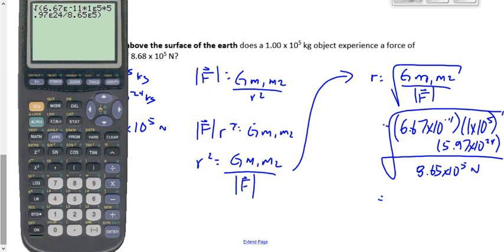Okay, 6.67 times 10 to the minus 11 times 1 times 10 to the 5 times 5.97 times 10 to the 24. Is that right now? I think it is. Is that my answer? 6.78 times 10 to the whatever? 6784877.